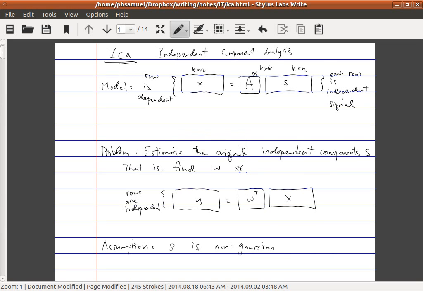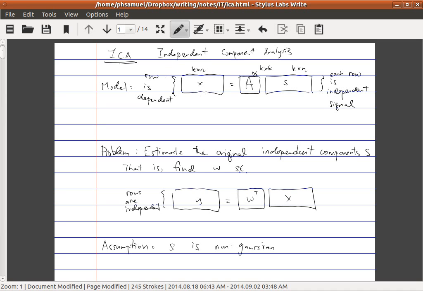To write it more precisely, S here is a matrix containing the independent components. Each row is one independent signal. In this case, S is k by n, so the length of each signal is n, and in the previous example, k is equal to 3. For simplicity, we'll assume that we also have k mixtures of these independent components.